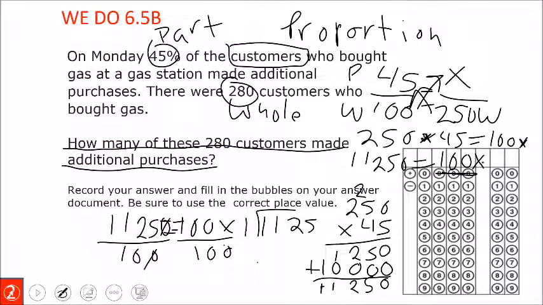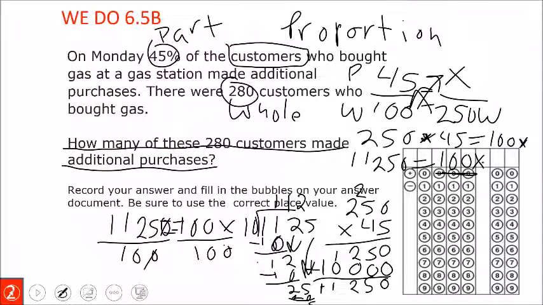So 1125 divided by 10. We've got 1. 1 times 10 is 10. Remainder 1. Bring down the 2 is 12. There's 1 left. 1 times 10 is 10. Remainder of 2. Bring down the 5. And then we've got 10 into 25, which is 2. 2 times 10 is 20.